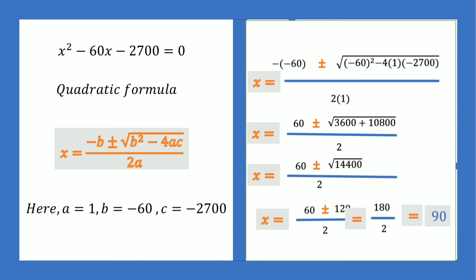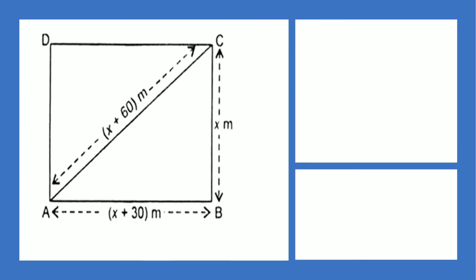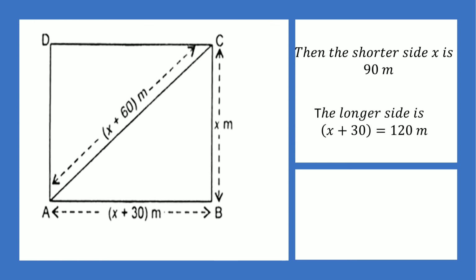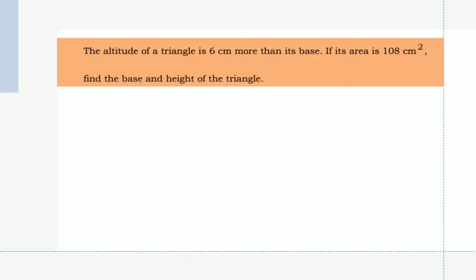Why only the positive value? It is a plane figure, and measurements cannot take a negative value. The shorter side x is 90 meters, the longer side is 120 meter, and the diagonal is 150 meter.